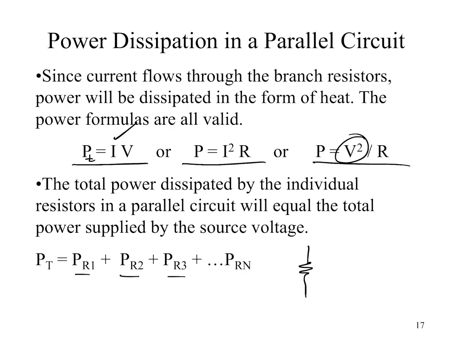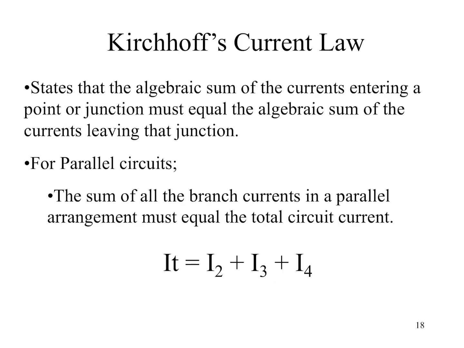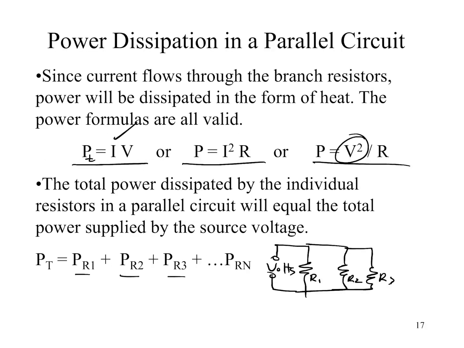So if you've got parallel resistance R1, R2, and R3, and you know the voltage is the same across all of them, then the V squared value is going to be the same for each one of these. And so this becomes a quick and efficient way of determining individual power dissipation in a parallel arrangement.